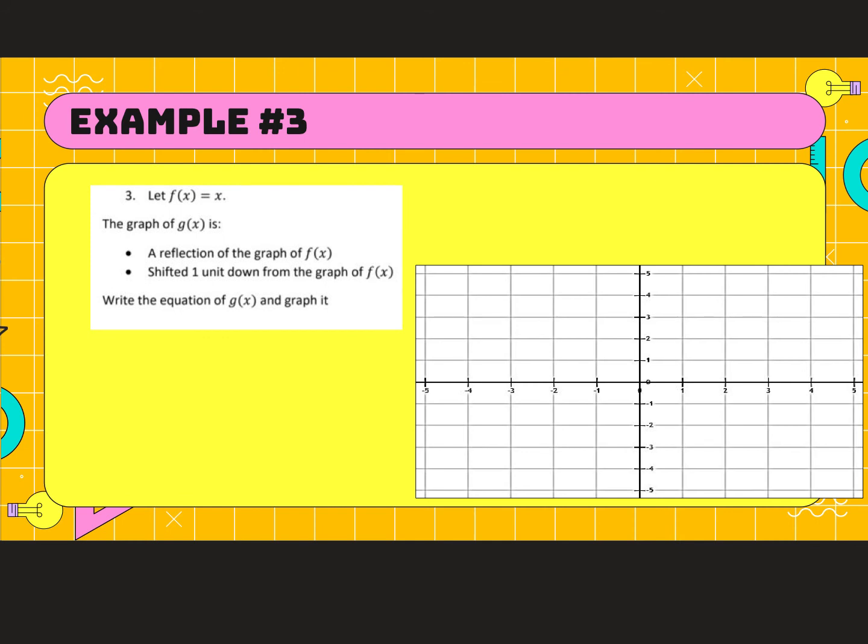All right, let's take a look at example 3. So again, we have our f of x, or our parent function, excuse me, which is y equals x. We're going to go ahead and graph that really fast again.